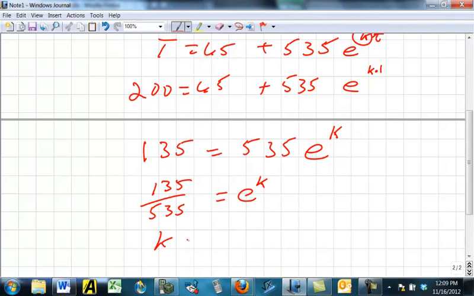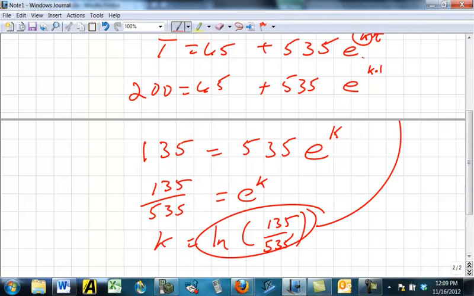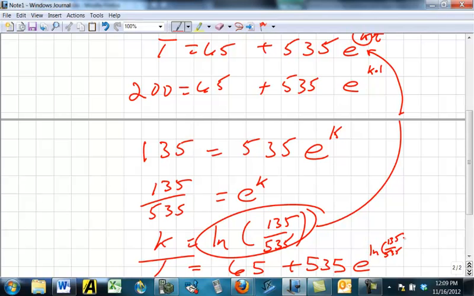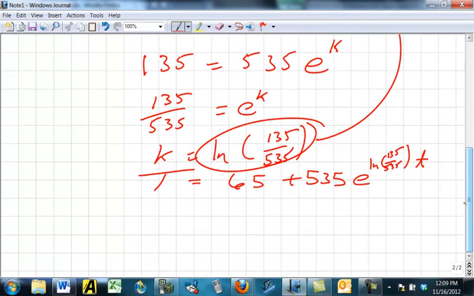So k is the natural log of 135 over 535. And notice I used 1 minute, so I'm going to have to measure my time in minutes now. Okay, take that, put it in place of k up here. So now my formula is T equals 65 plus 535 e to the natural log of 135 over 535 times t. We might be able to reduce that fraction as well. In fact, I know we can divide a 5 out.